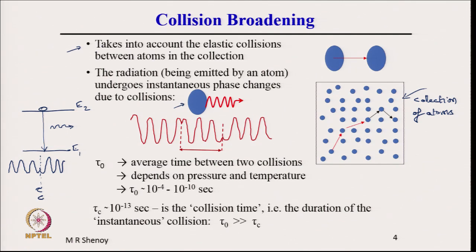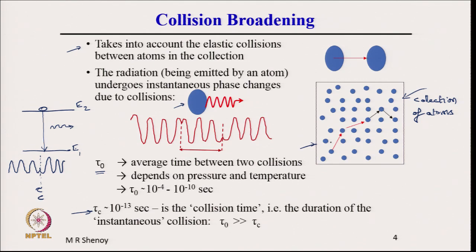Nevertheless, you can calculate and see that tau c is of the order of 10 power minus 13 seconds, which is the instantaneous collision time. But the important point is tau 0, which is the mean time between collisions. What is shown here in this diagram, an atom moving here could collide with another atom here, it may next collide with another atom here, this atom may move and collide with an atom here.